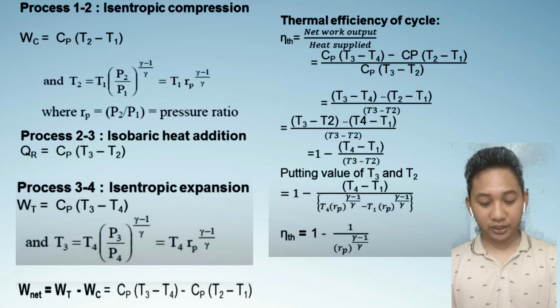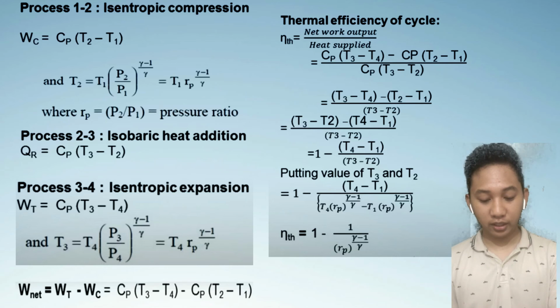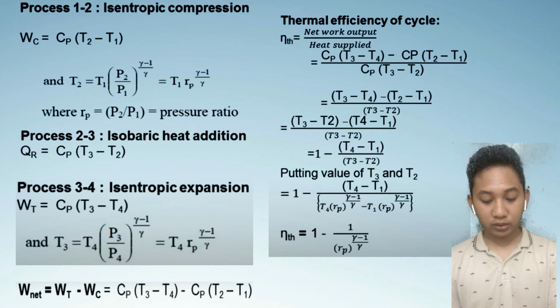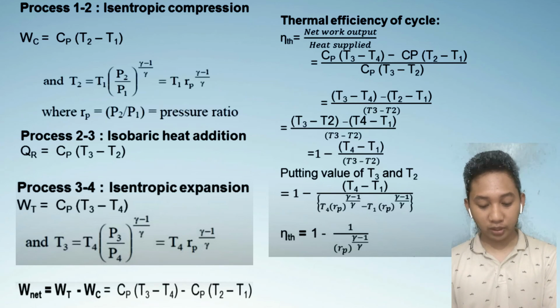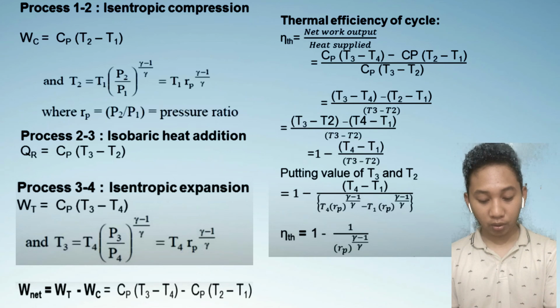Next is the thermal efficiency of the Brighton cycle. Thermal efficiency equals work output over heat supplied, equals Cp (T3 minus T4) minus Cp (T2 minus T1) over Cp (T3 minus T2), equals (T3 minus T4) minus (T2 minus T1) over (T3 minus T2), equals (T3 minus T2) minus (T4 minus T1) over (T3 minus T2), equals 1 minus (T4 minus T1) over (T3 minus T2).